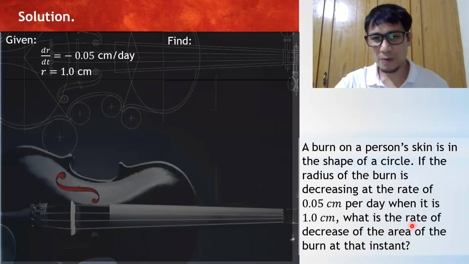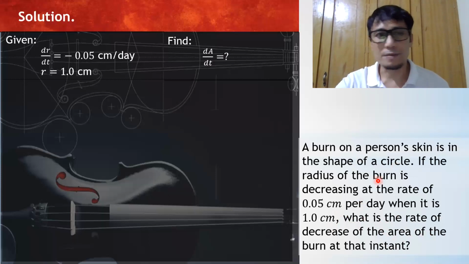If we use A as our notation for the area, then the rate of decrease of the area is dA dt, right?